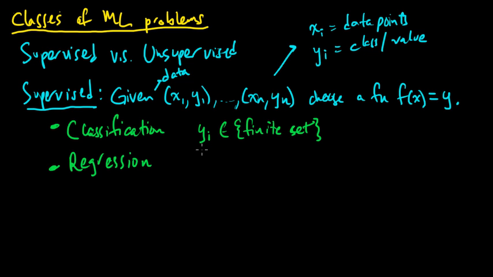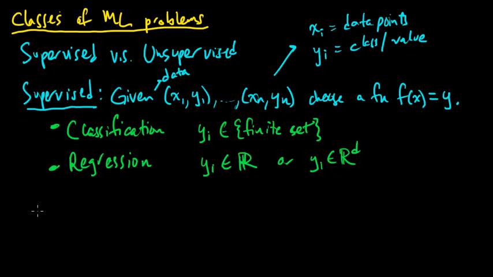And regression is when the y's are, almost always, in R, real values, or less commonly, in d-dimensional real space. That's usually what people mean by regression. It's called regression for historical reasons that I won't go into, but not really for any good reasons. But that's what we call it. That's just terminology.